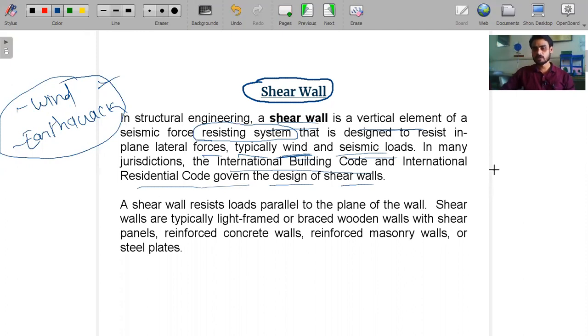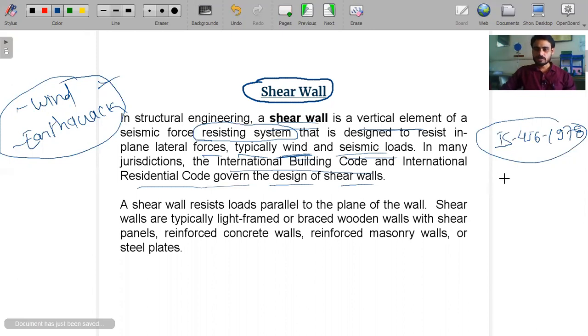We use various handbooks and codes for the design of shear wall, such as IS 456:1978. In the IS codes regarding earthquake, the complete procedure for shear wall is not discussed.